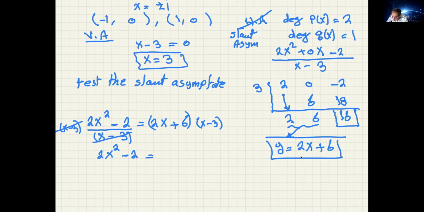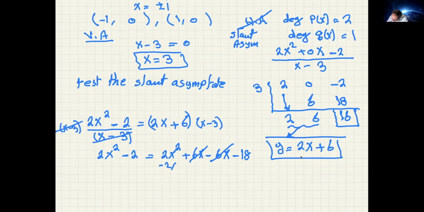We FOIL the right side, and I would get 2x squared plus 6x minus 6x minus 18. And now 6x with negative 6x is cancelled out. So I have 2x squared minus 2 equals 2x squared minus 18.